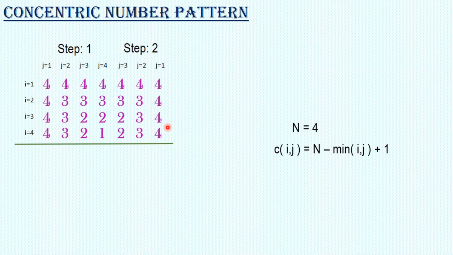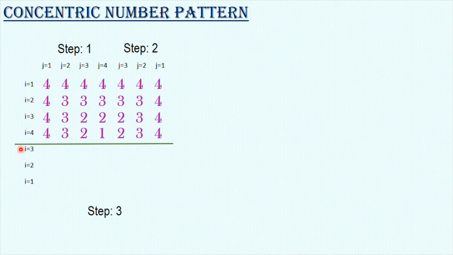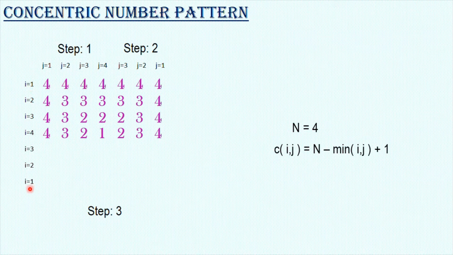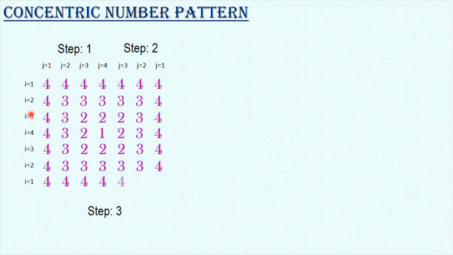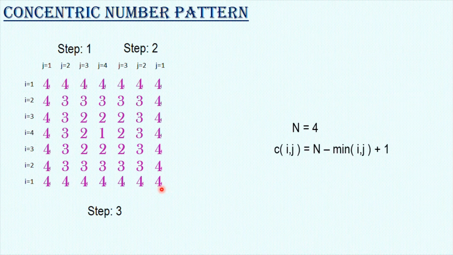As we see, at j equal to 4, left and right are replicating each other. Again at step 3, only rows are added, where i starts from 3 decrementing till 1. That means at i equal to 4, the top and bottom rows are replicating each other, and the cell value remains the same in all of steps 1, 2 and 3.